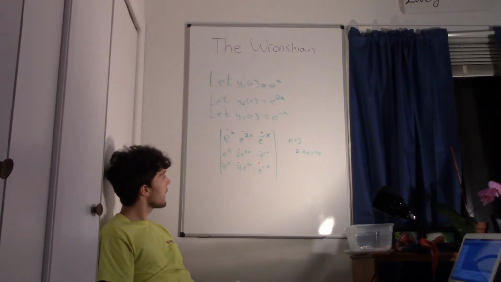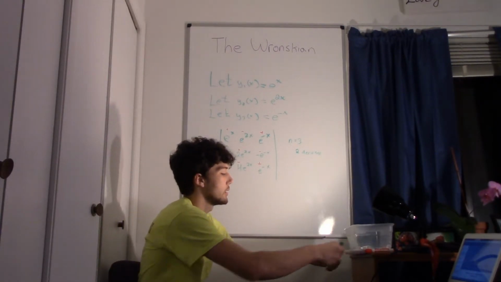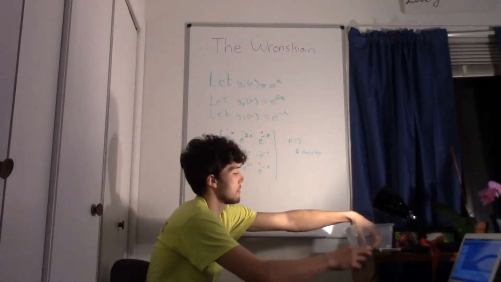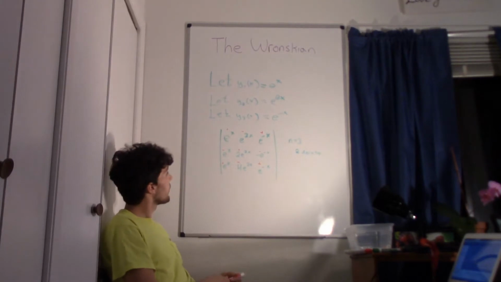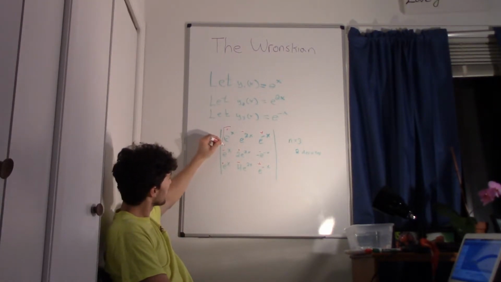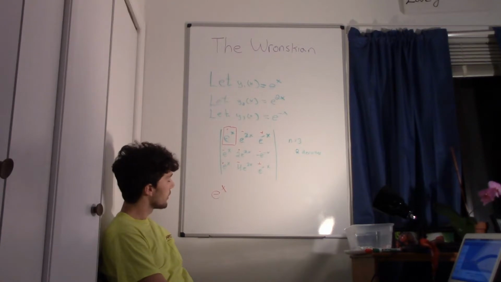So, keeping that little thing in mind, we will now take the determinant of this. And so to do that, we will grab something and put it out front. And what I mean by that is, we will first take e to the x. So, e to the x, we have that.